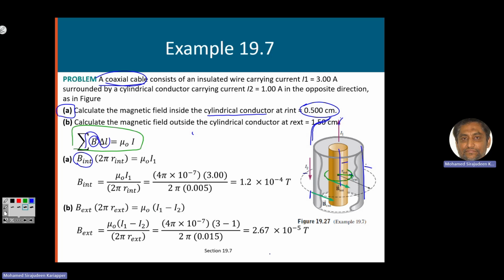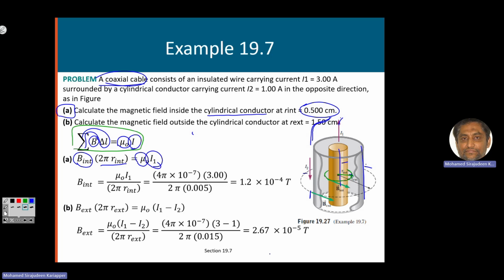Then we have the total length, which is the circumference, equal to mu0 times the current inside this green circular path. The current inside that green circular path will be only the current I1, right? Because I2 is outside that green circular path.